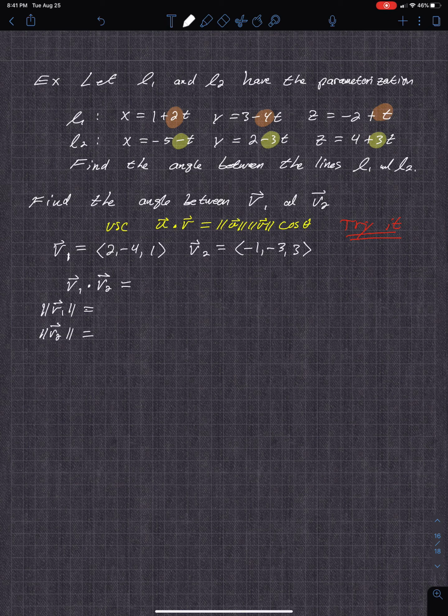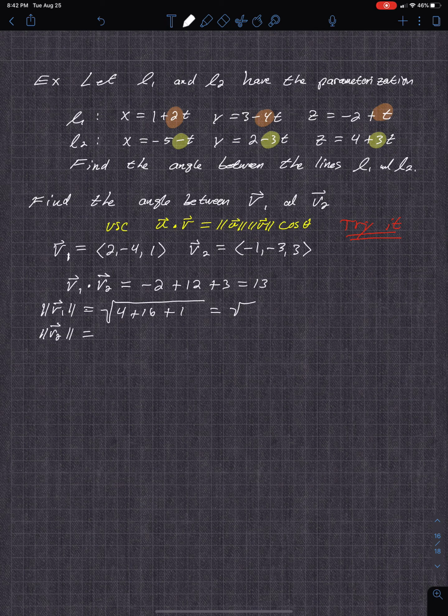So you do the dot product, you get what? Negative 2 plus 12 plus 3, which is 13. Magnitude V1, square root of the sum of the squares. So that's 4 plus 16 plus 1.